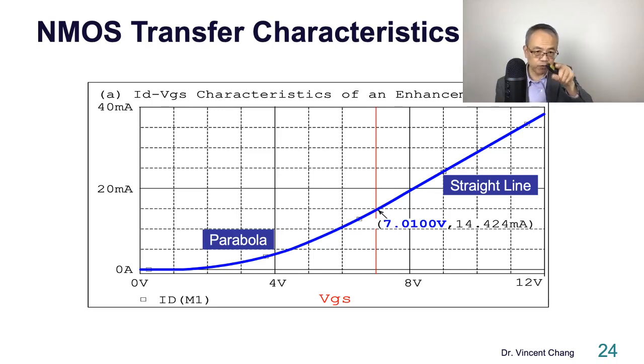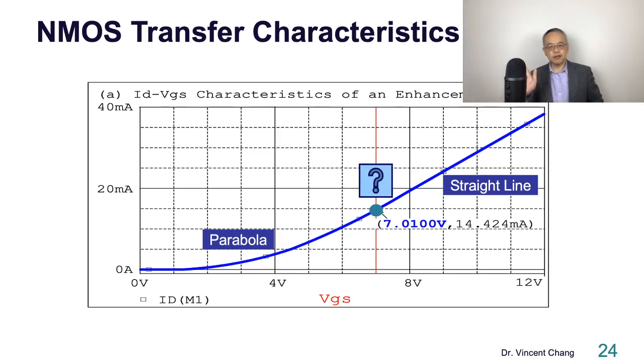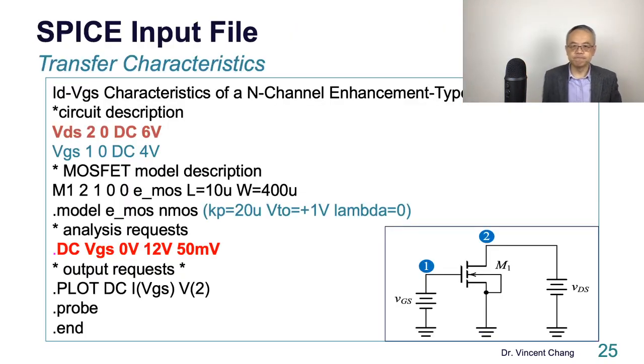So 7 volt. After 7 volt, it turns into a straight line. Below 7 volt is a parabola. Then it must relate to what? The fundamental characteristic of the MOSFET.